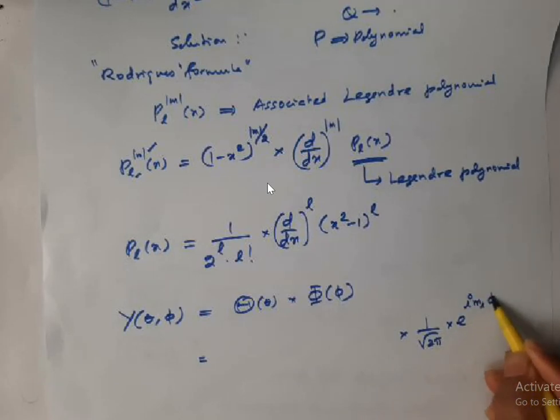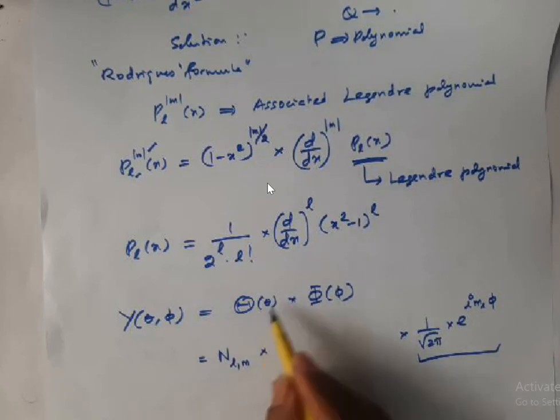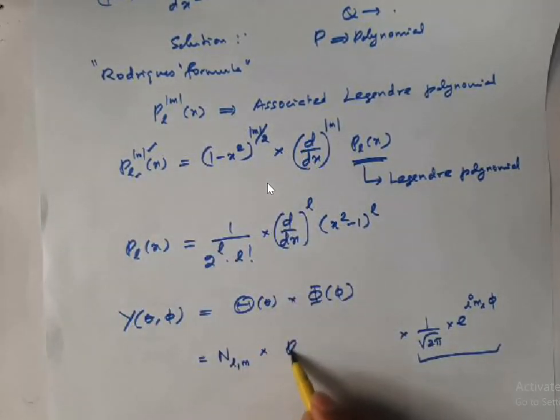Okay, we have separated this function into two, and this function is already known. What is that? This function is nothing but 1 by square root of 2 pi into e power i ml into phi. This function we know already. What is the theta function?